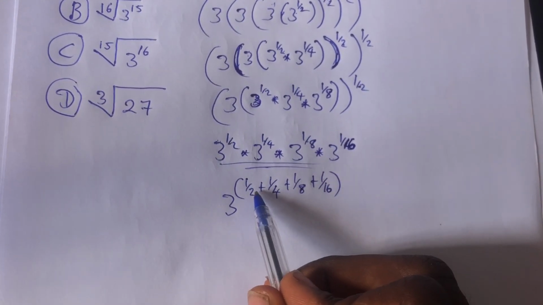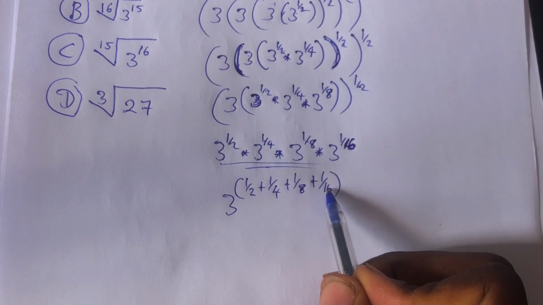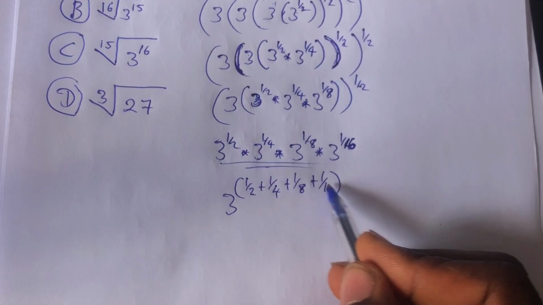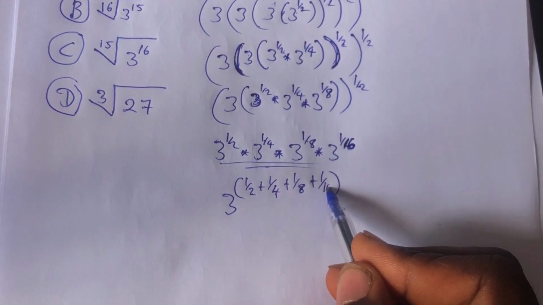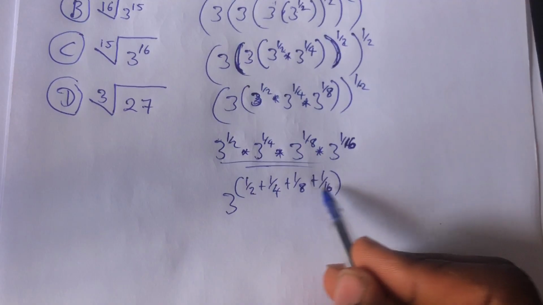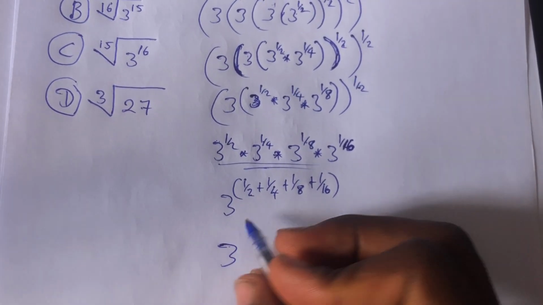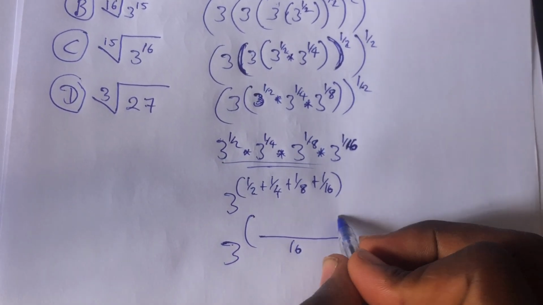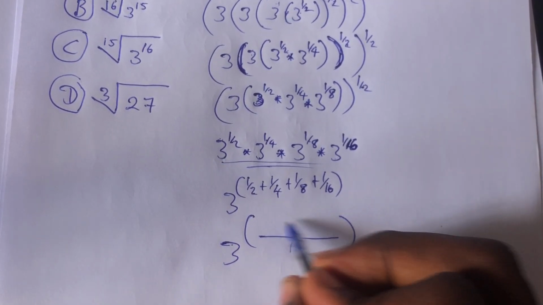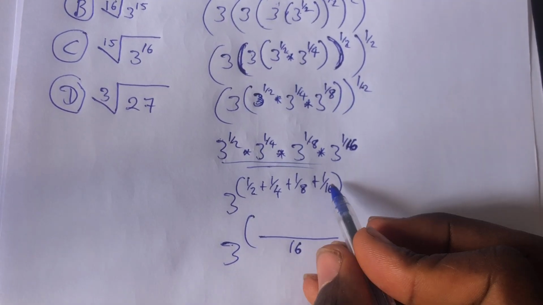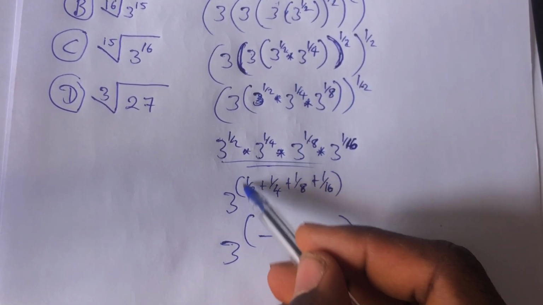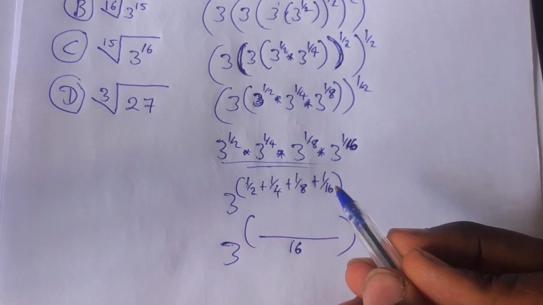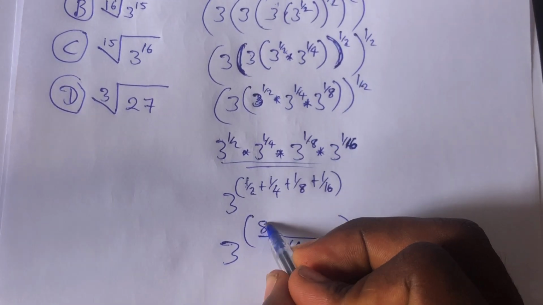Everything here has a common multiple, which is 16. We can rewrite it in terms of 16 by saying 3 raised to power some numbers over 16, right? How we'll get these numbers is, if you multiply each number by 16, 16 times 1 divided by 2 is going to give you 8.